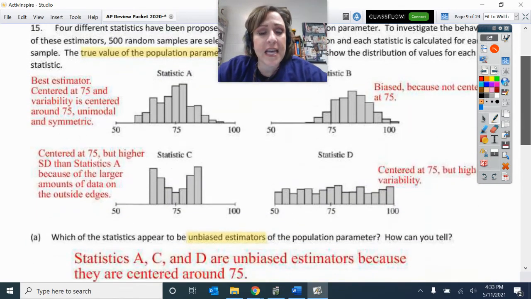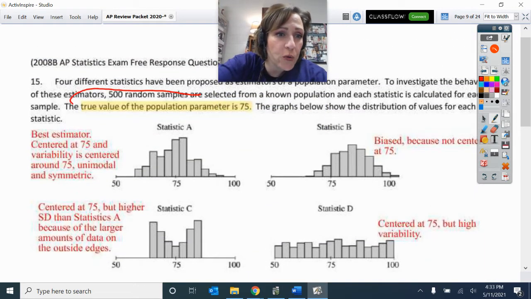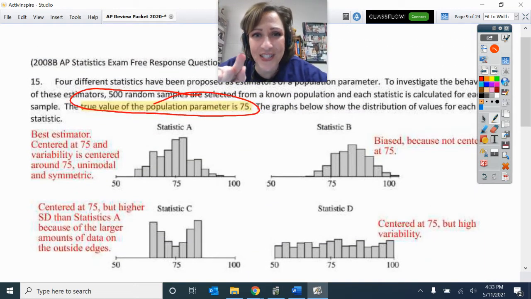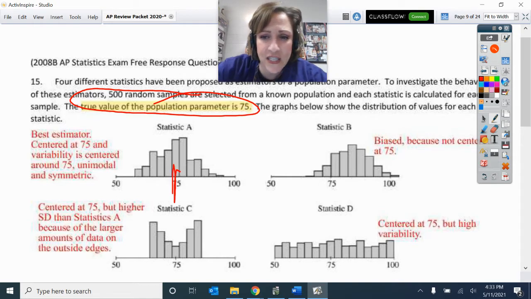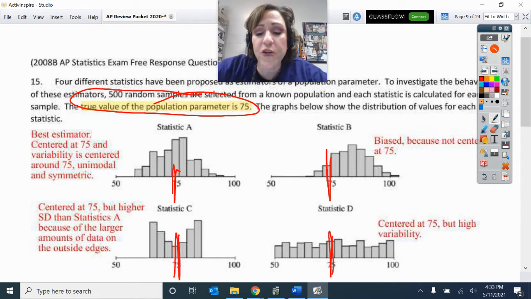Here, the true value of the population parameter is centered at 75. So it needs to be centered here at 75. And therefore, you can see statistic B is biased because it is not centered at 75. Why is it biased? I don't know.